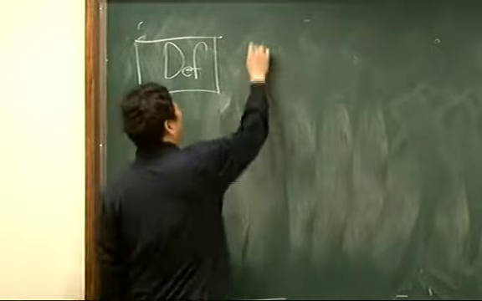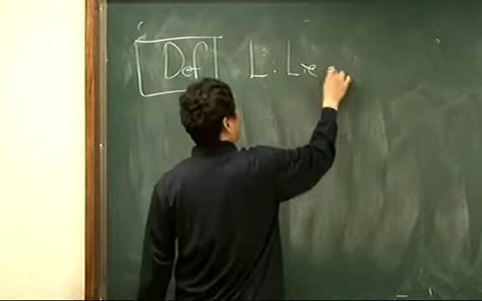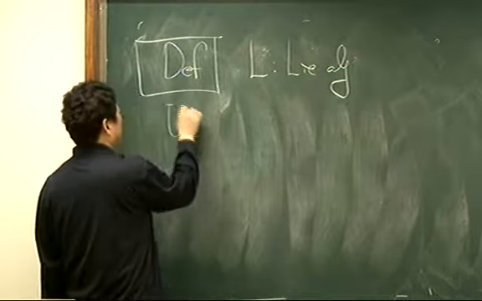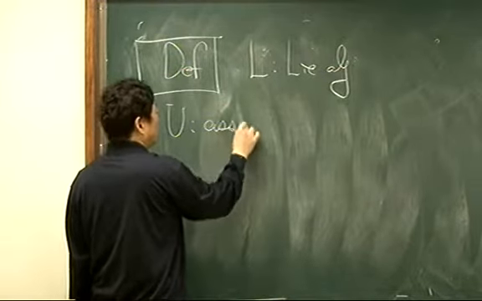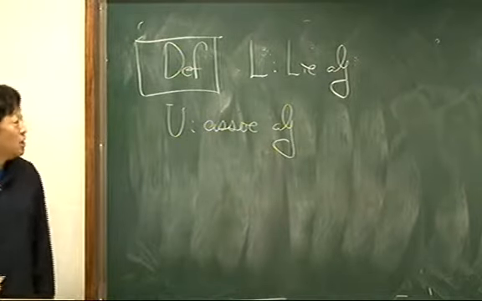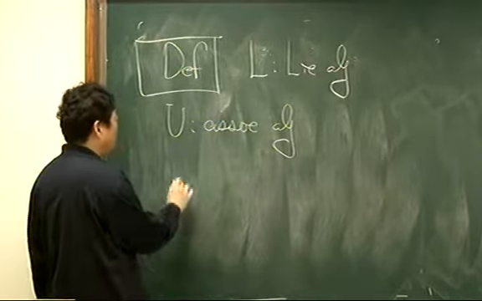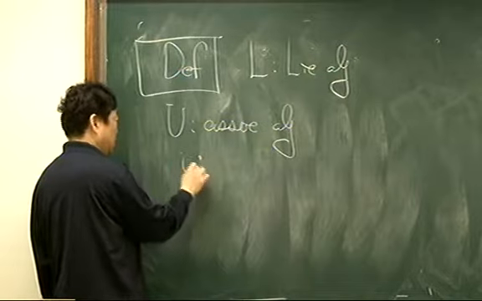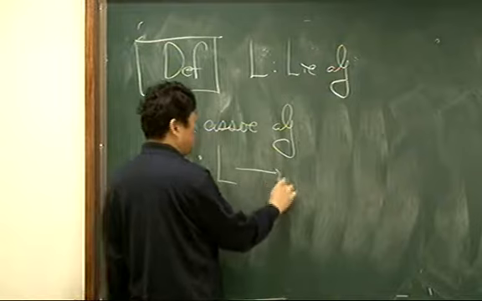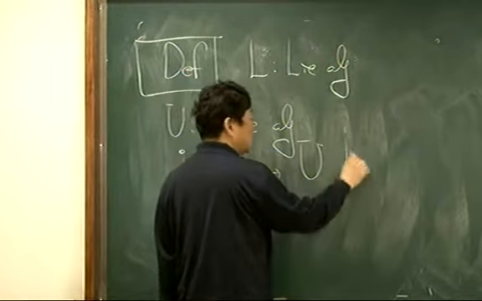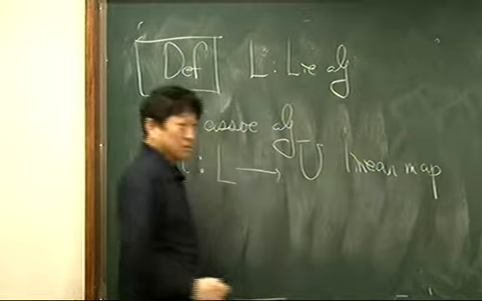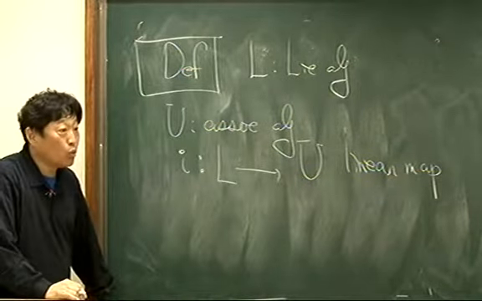Suppose L is a Lie algebra, and U is an associative algebra. And consider a linear map i from L to U. Is an algebra just an algebra over C?